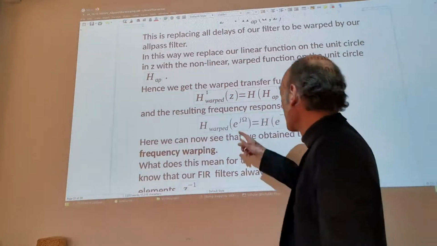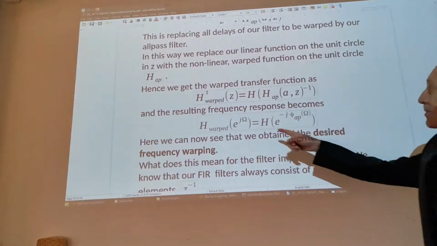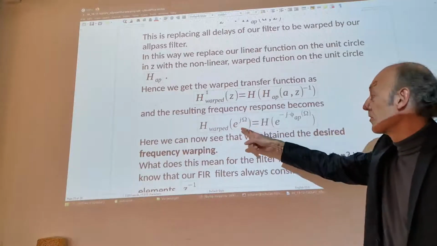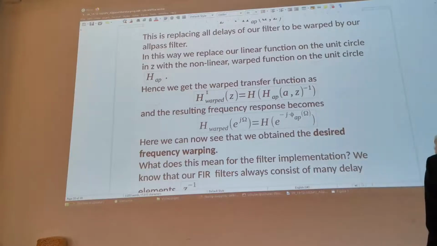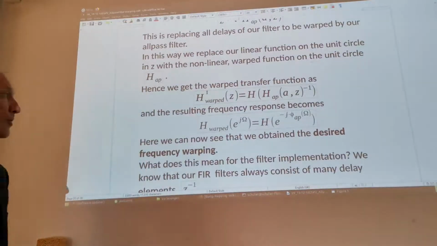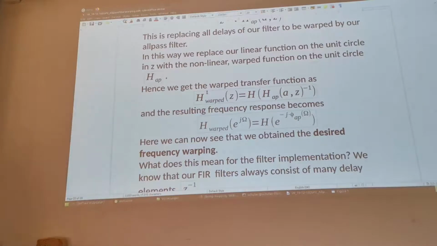And the resulting frequency response is then simply this. Here this was from Z, this replacement substitution, and here we simply have this all-pass filter. Make sense? So this was simply the frequency response of our all-pass filter with negative exponent.